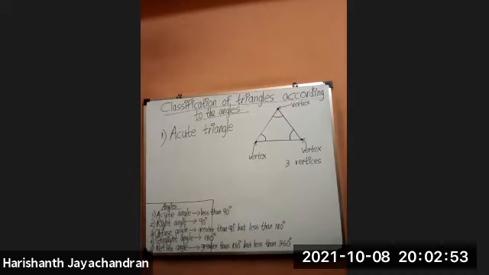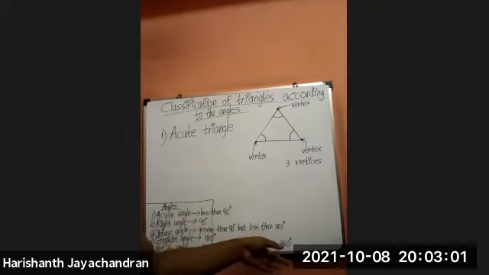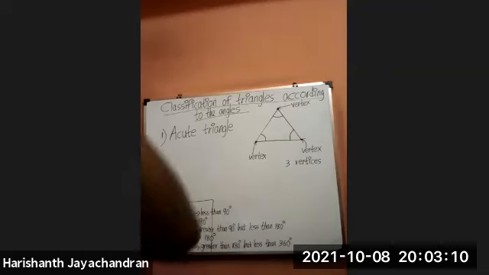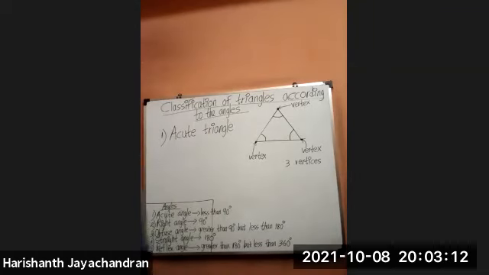And also, when it comes to reflex angle, don't just say it's greater than 180. Point out the limit as well: it should be greater than 180, but less than 360 degrees. So I hope it's clear for you all. Please quickly copy this down.